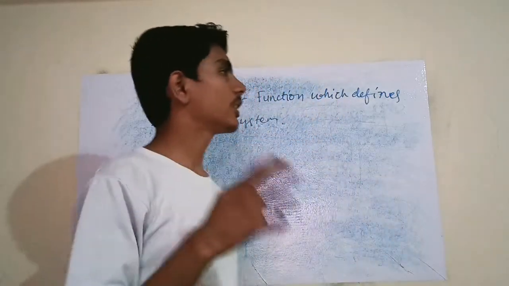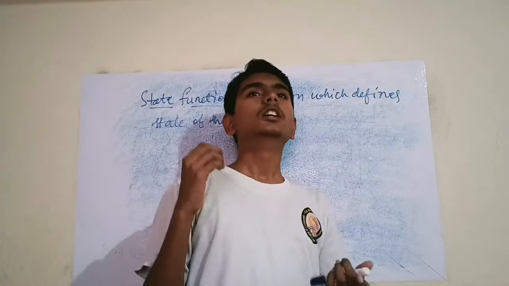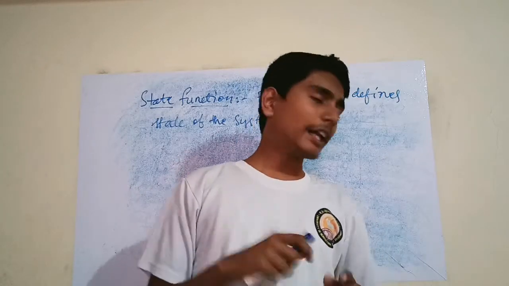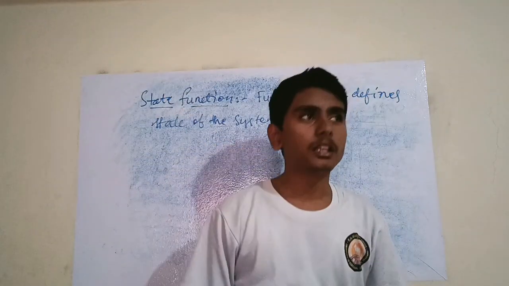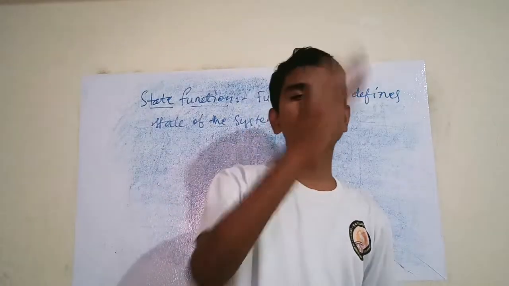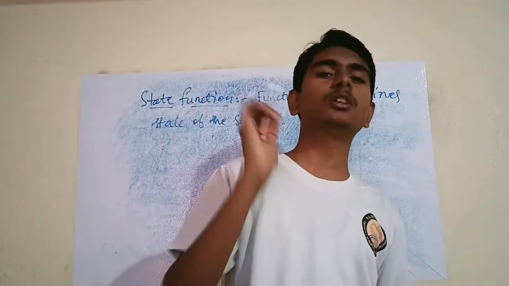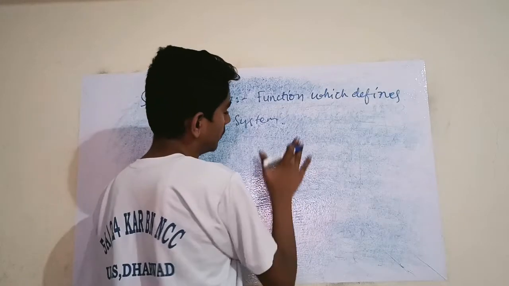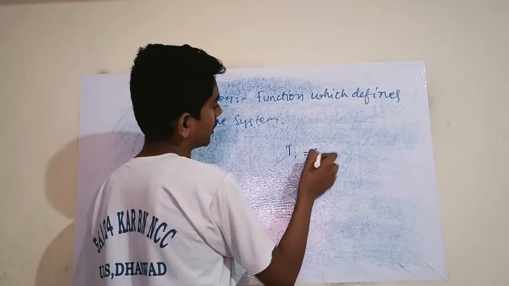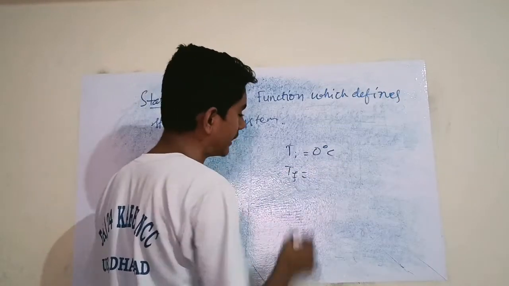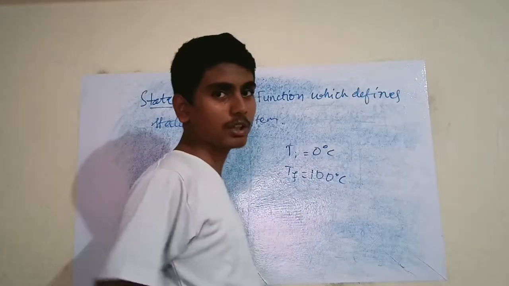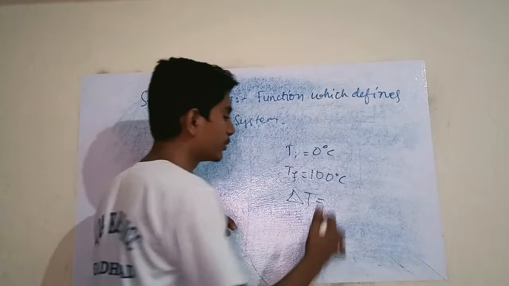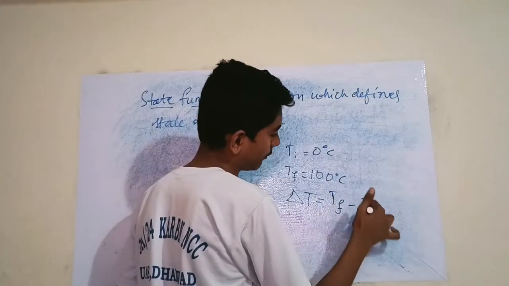How to explain that? See here. If any process happens, say boiling, and you change the temperature of water from 0 to 100 degrees Celsius, how it is changed will not matter. If the initial temperature is 0 degrees Celsius and the final temperature is 100 degrees Celsius, and you consider the process boiling, and they ask the change in temperature, that is delta T, what will you do? Directly T final minus T initial.